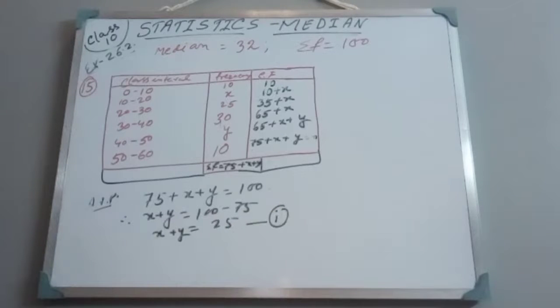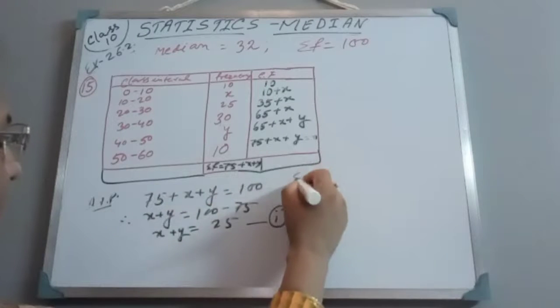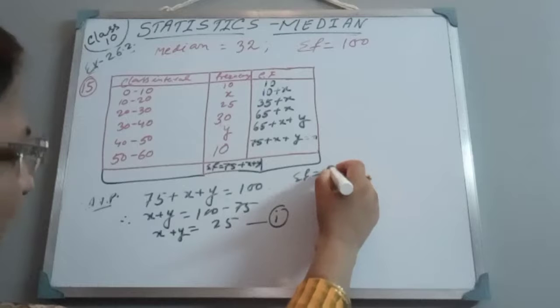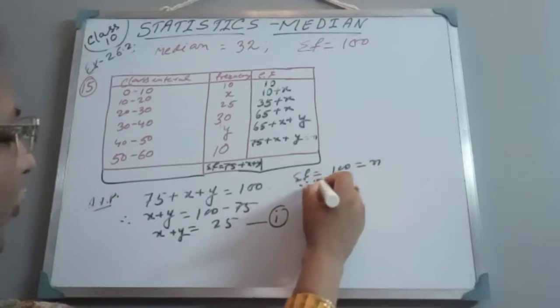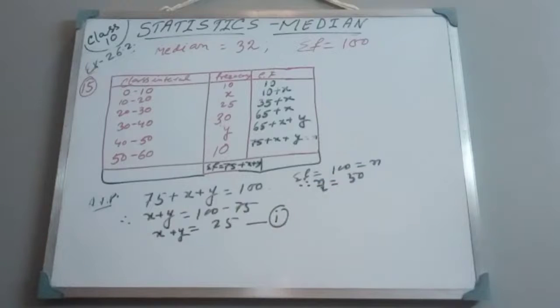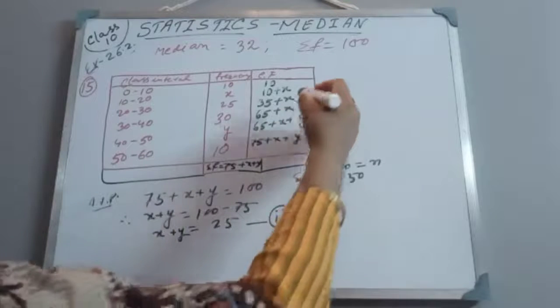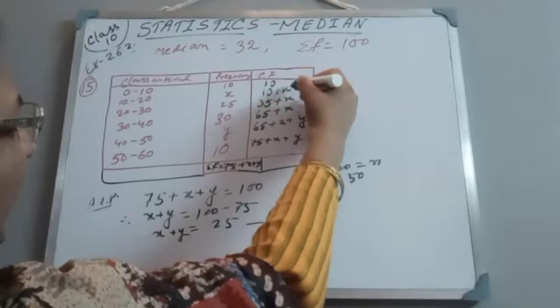Now since sigma f, the summation of f, equals n, that is given as 100. So n by 2 will be 100 by 2, which is equal to 50. Now we look at the cumulative frequency column.